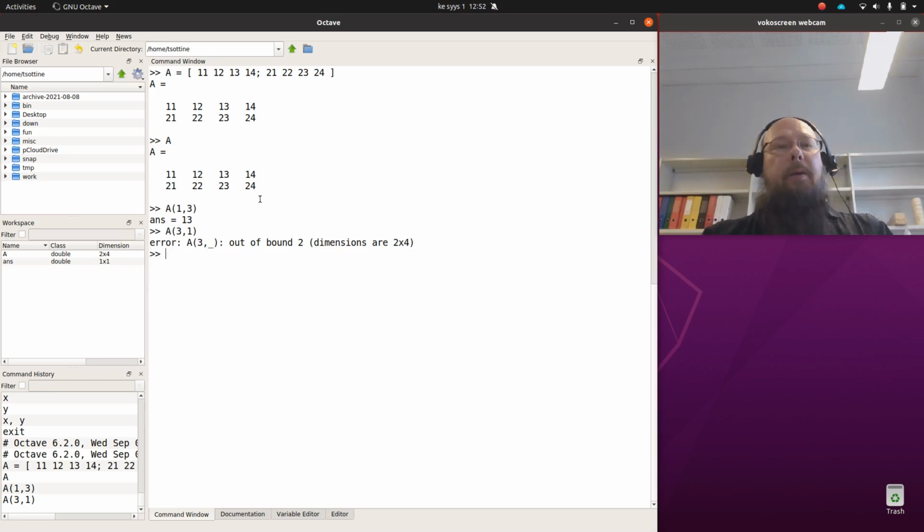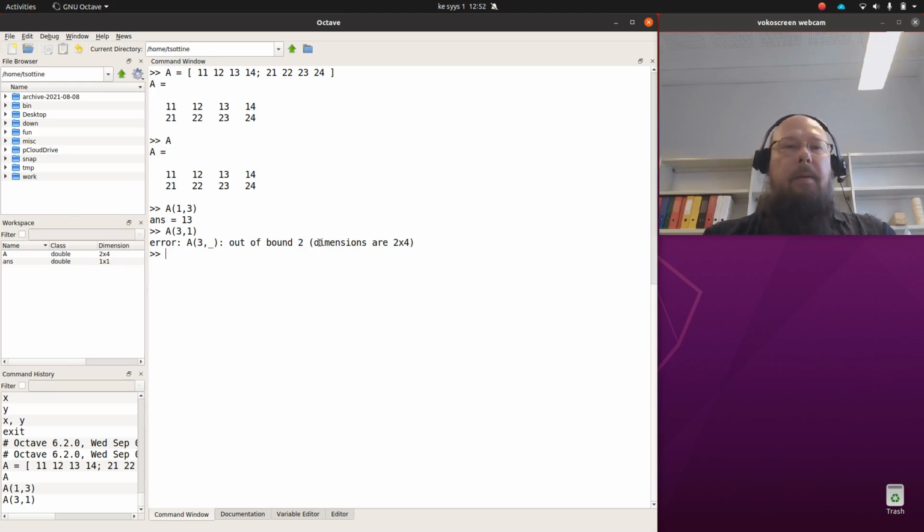So we get an error message as we should, and it looks like this, error colon. So again, it means that an error happened. Then A(3, something). So there is an error in the third row, and what kind of error do we get? Out of bound 2.